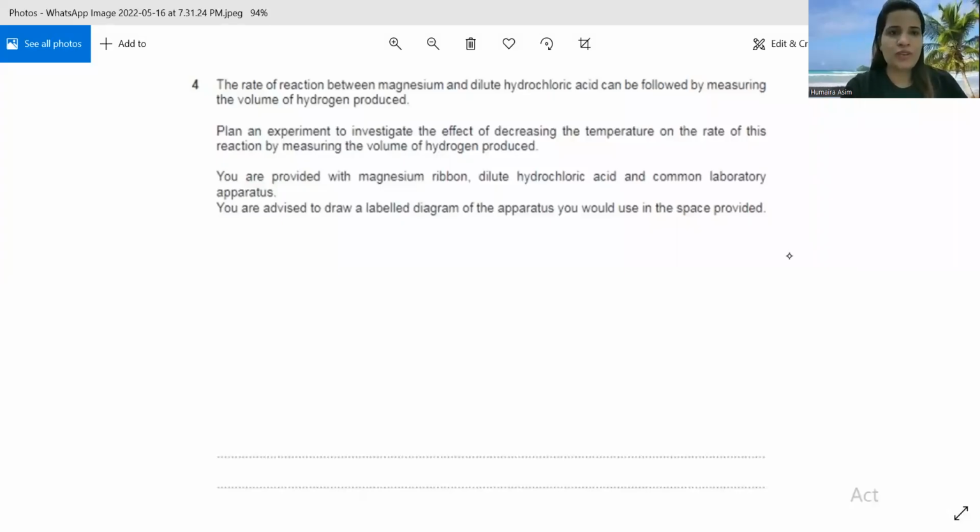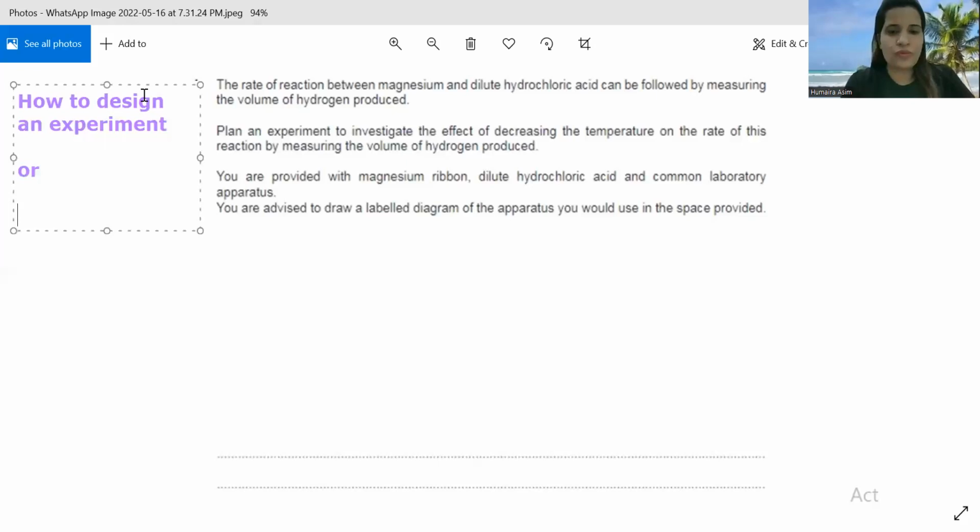Okay, so here in this experiment question, we will be talking about how to design an investigation, how to design an experiment, or you may also say, plan an investigation, right?